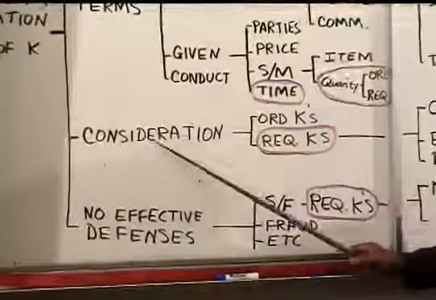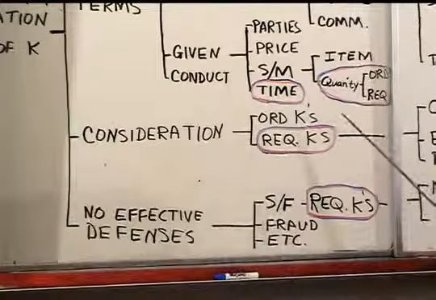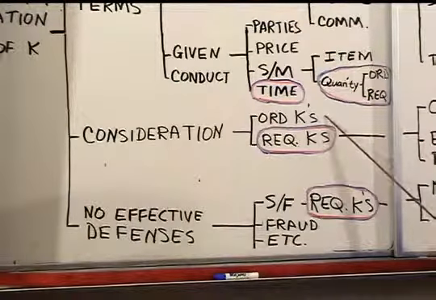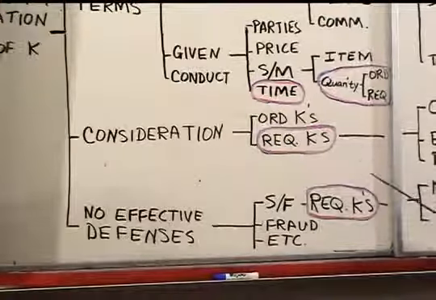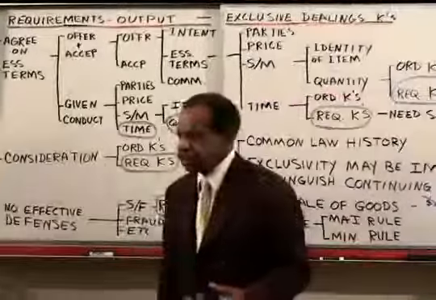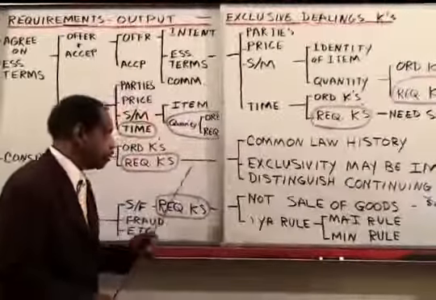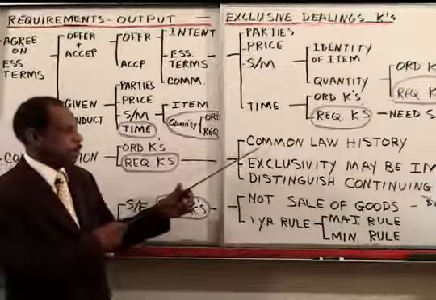Next, consideration. This is another issue that comes up when you're forming a requirements contract. In an ordinary contract, you know about consideration. You know, legal detriment must be there. In the case of requirements contracts, you will have consideration issues there. And the consideration issues in the case of requirements contract are, first of all, you know the common law history.